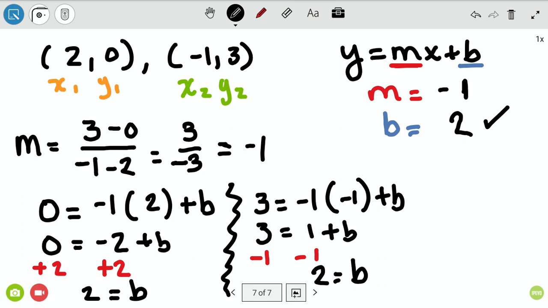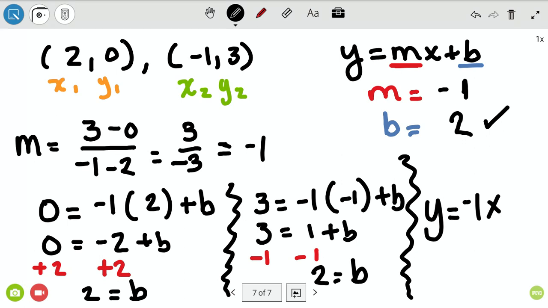All right, so now I have my m and I have my b. I've got all I need to write my equation. My equation is y equals, my m is negative 1. You can put a negative 1 or just leave it negative. It doesn't matter. x, and then my b is positive, so it's plus 2. Remember, if your b is negative, just put minus 2.